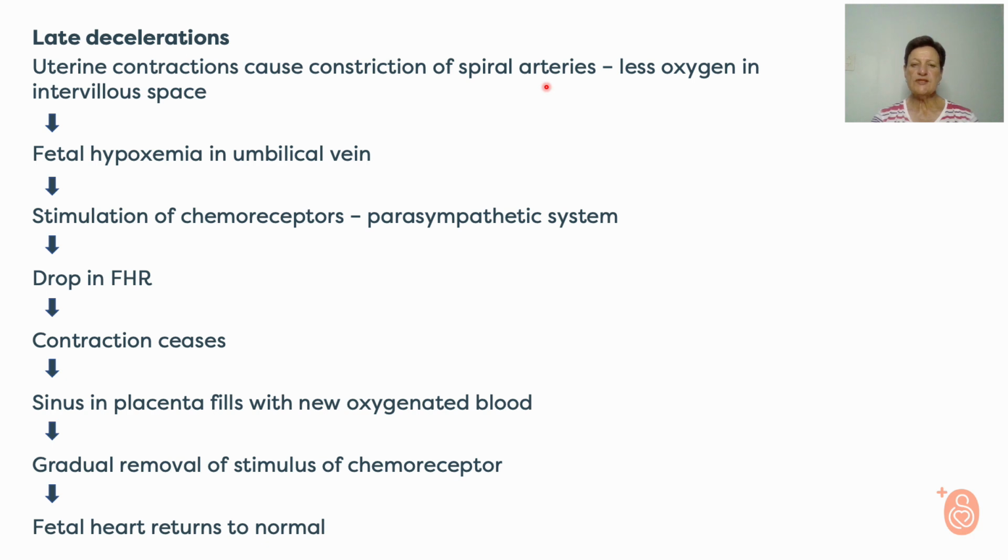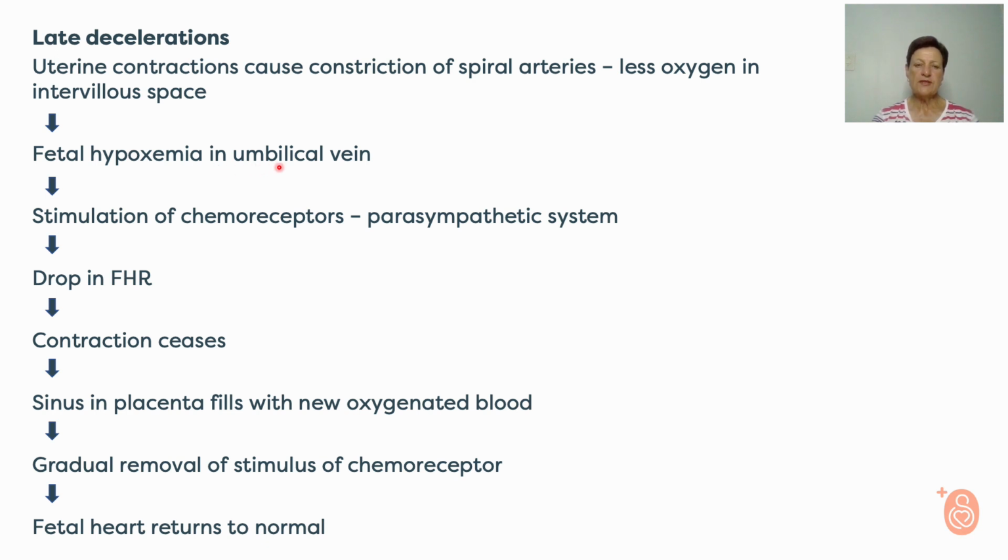But we've also said that if this goes on for a very long period, or there's prolonged labor, or very long contractions, or too many contractions, where the frequency of the contractions is too high, we might eventually get fetal hypoxemia developing. And it develops in these villi.